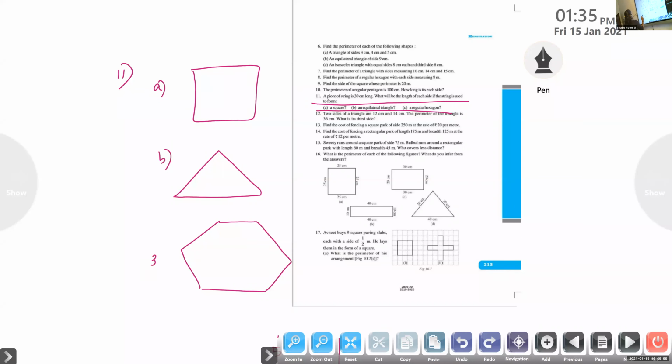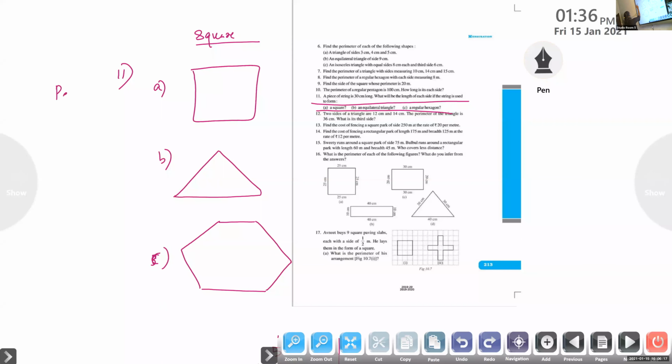What is that? Ma'am, the perimeter. Perimeter is the same, correct. What is that perimeter? 30 centimeter.